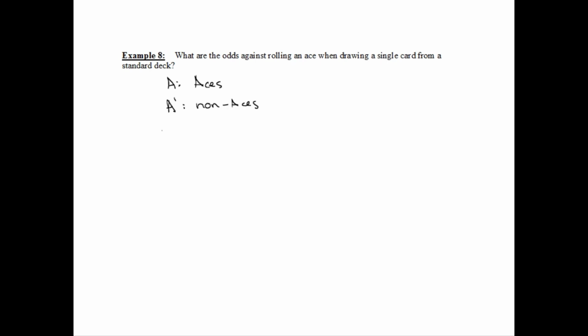Okay, how many aces do we have? 4. So how many non-aces do we have? We'll take 52 total cards, subtract the 4, and so that gives me 48 non-aces, right?